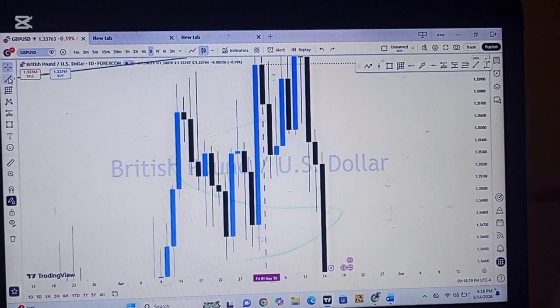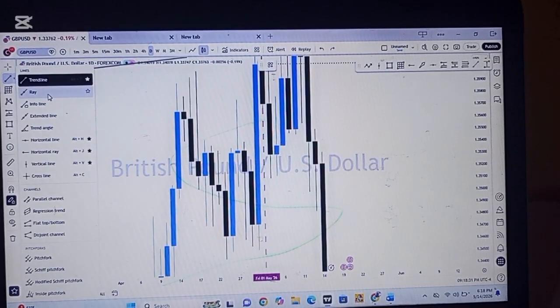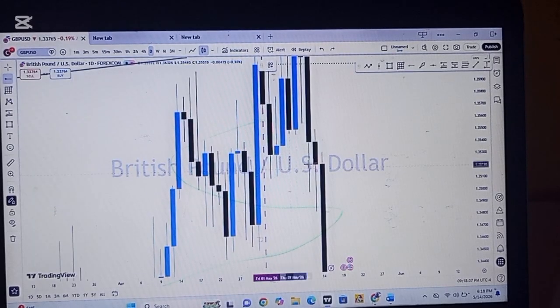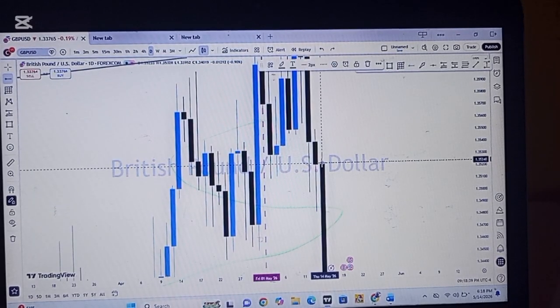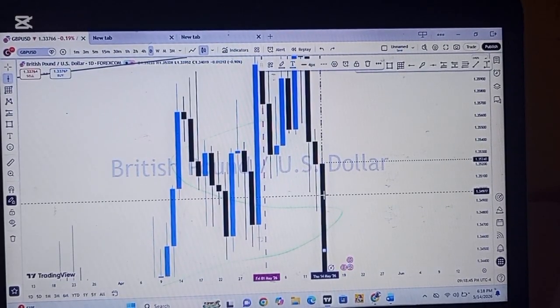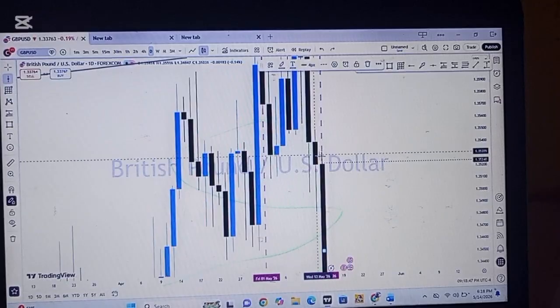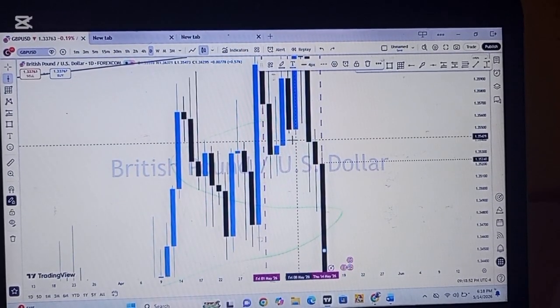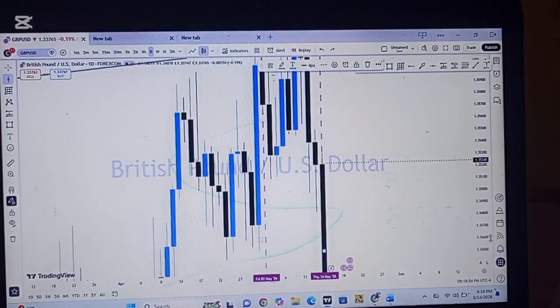You just come and do the same OHLC: horizontal ray for marking the opening price, and a vertical line for marking the opening time.